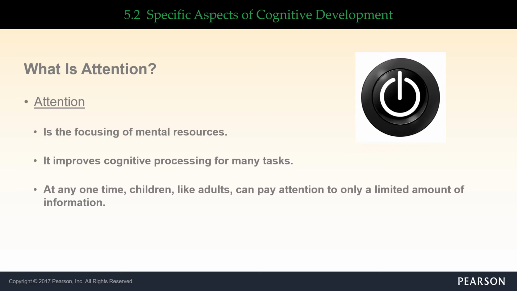It improves cognitive processing for many tasks. If we're not paying attention, it's not going to make as much impact on our cognitive development or cognitive processes. And at any one time, children, like adults, can pay attention to only a limited amount of information at a time.